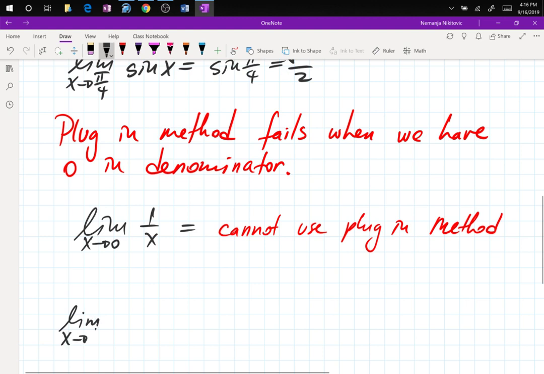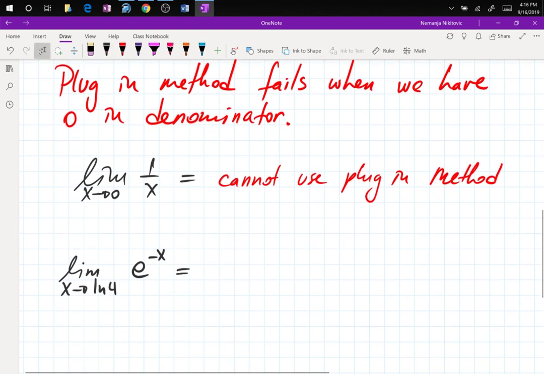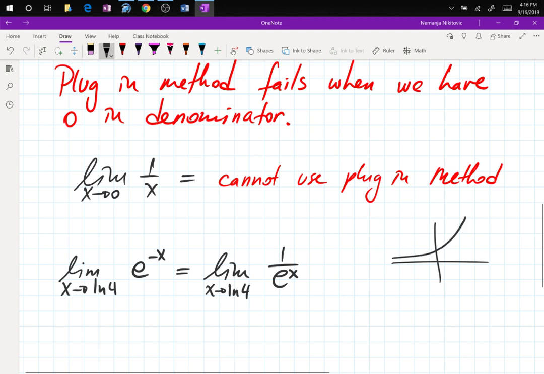So another example here, let's say the limit as x approaches ln 4 of e to the negative x. Let's say this is your problem. Well, you can rewrite this as the limit as x goes to ln 4 of 1 over e to the x. And you know that e to the x cannot be 0. That's the pre-calculus, right? When you graph e to the x, it never cuts through the x-axis. So the y value is never 0 for e to the x.